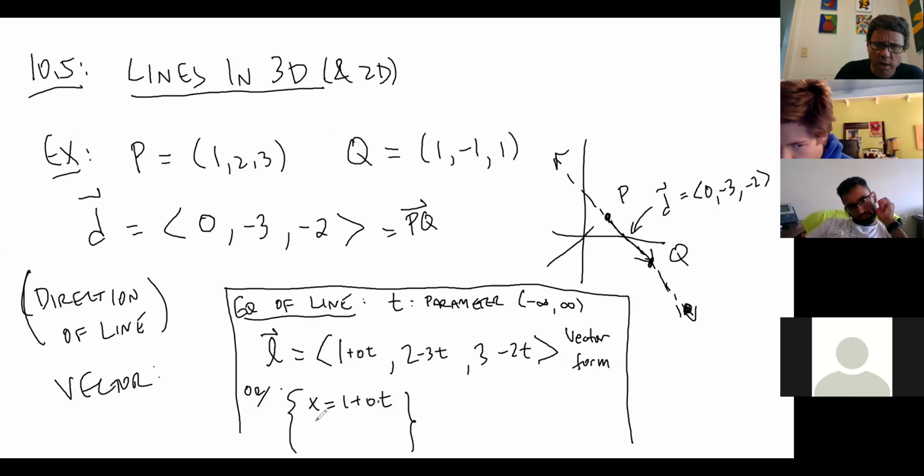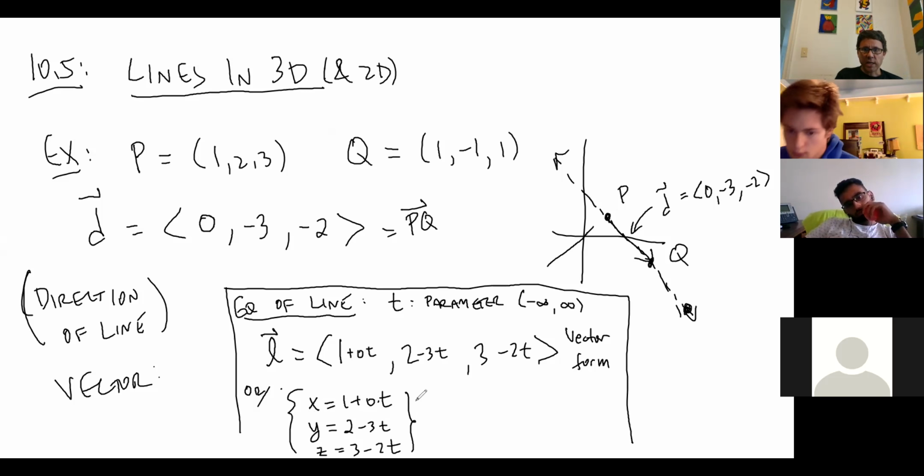It's always going to be 1. y is going to start at 2, but every time you do a t, it's going to get subtracted by 3. And then z will be 3 minus 2t. And so you could write it like that. They call that the parametric form of a line.